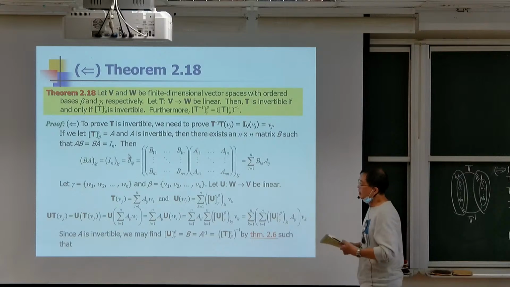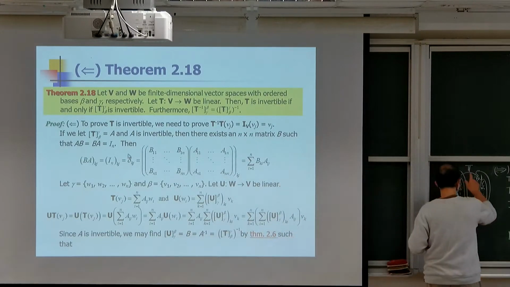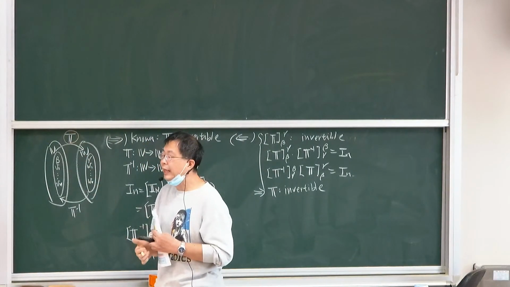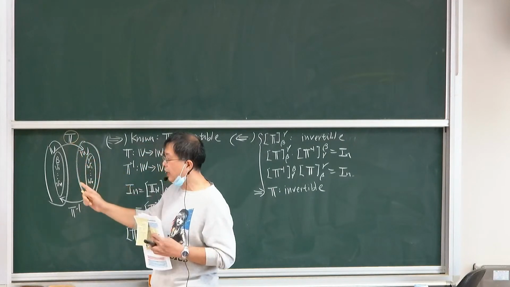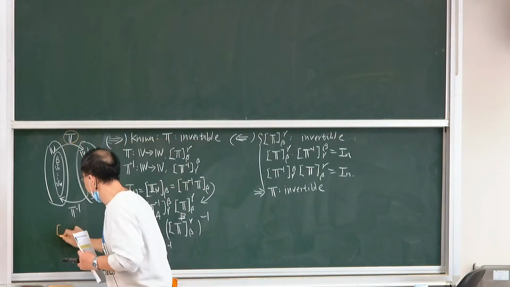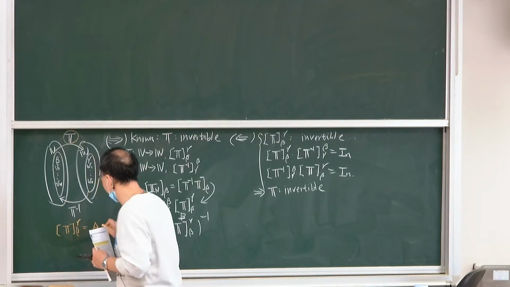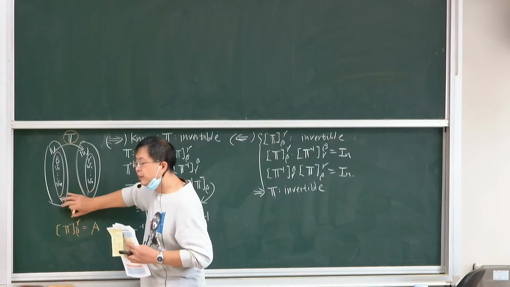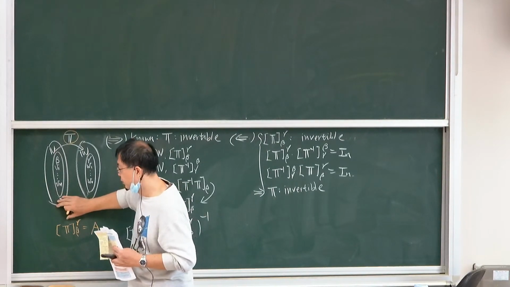First, because we already have this transformation, no matter whether it is linear or not, we can always find a matrix representation of T, and we denote it as A. We haven't known the inverse transformation exists yet; this is what we are going to prove.